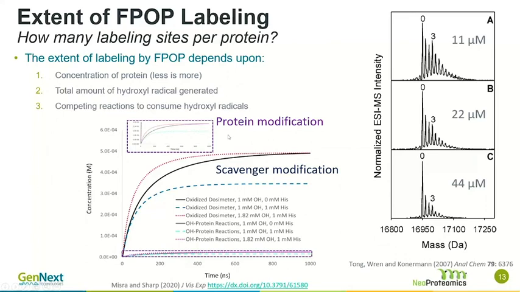And this is really the foundation behind one of the most important factors in FPOP and one of the areas where new people to the field most commonly make mistakes, and that is in the question of hydroxyl radical dosimetry. How do I measure not only how many radicals I'm making, but more importantly, how many radicals am I delivering to my protein analyte?